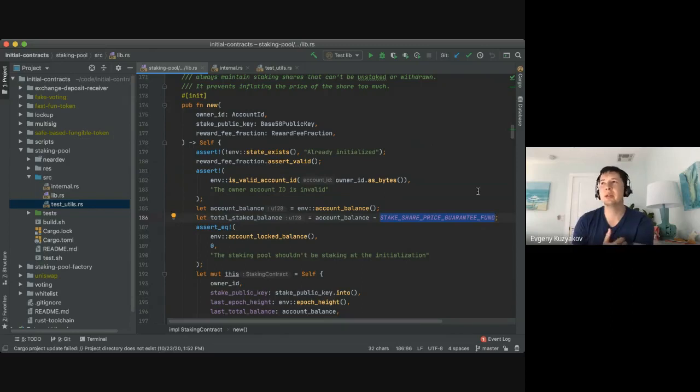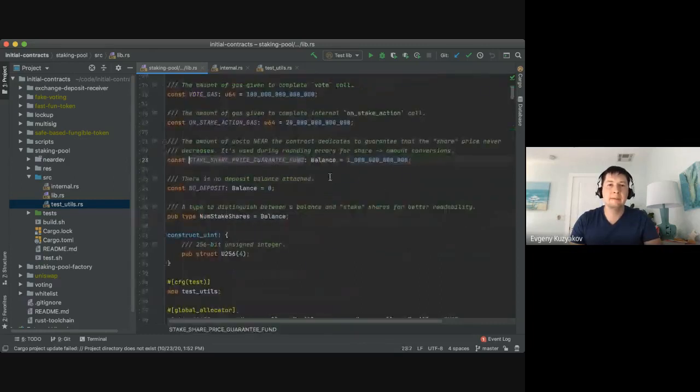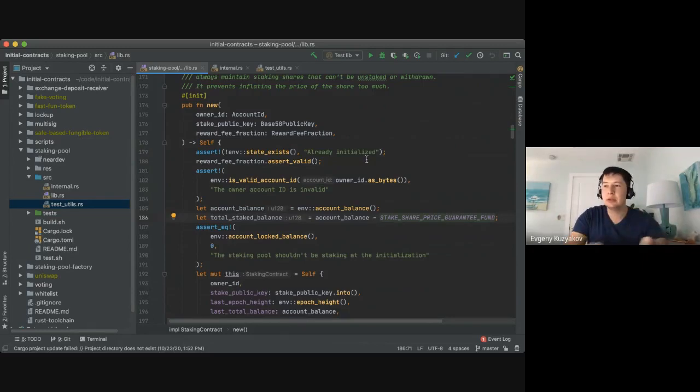And you cannot lose tokens, even 1 yoctoNEAR, in this contract by depositing and withdrawing from the staking pools. So this stake share price guarantee fund is around 1 trillion yoctoNEAR, of which we consume usually around 1 or 2 yoctoNEAR for rounding errors. And we can get into details of how this works soon.